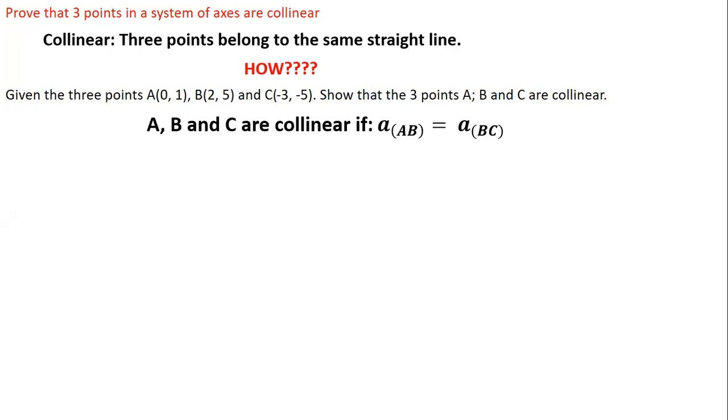If the slope of line AB is equal to the slope of line BC. Look at the first 2 points, A and B. If I find the slope of line AB and the slope of line BC, and I get the same answer for the 2 slopes, then the 3 points A, B, and C will be collinear.